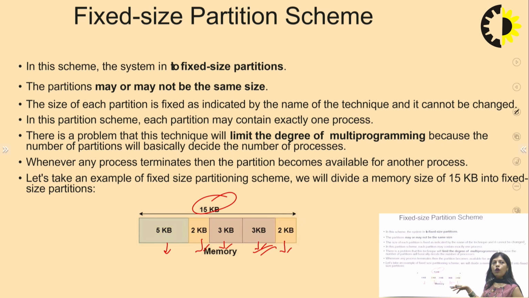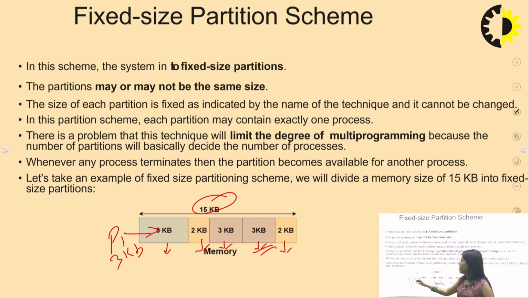For example, we have a first process P1, which is of size 3 KB. If we allocate this memory section to process P1, then 2 KB of memory is wasted, because 5 minus 3 is equal to 2.